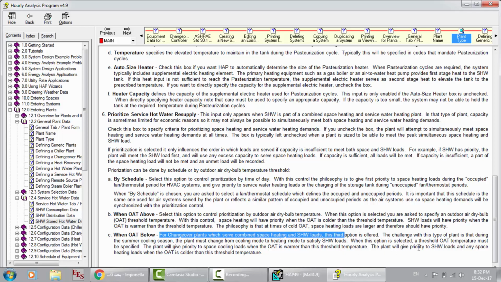When this option is selected, a threshold OAT temperature must be specified. The plant will give priority to space cooling loads when OAT is warmer than the threshold temperature. The plant will give priority to SHW loads and any space heating loads when the OAT is colder than this threshold temperature.